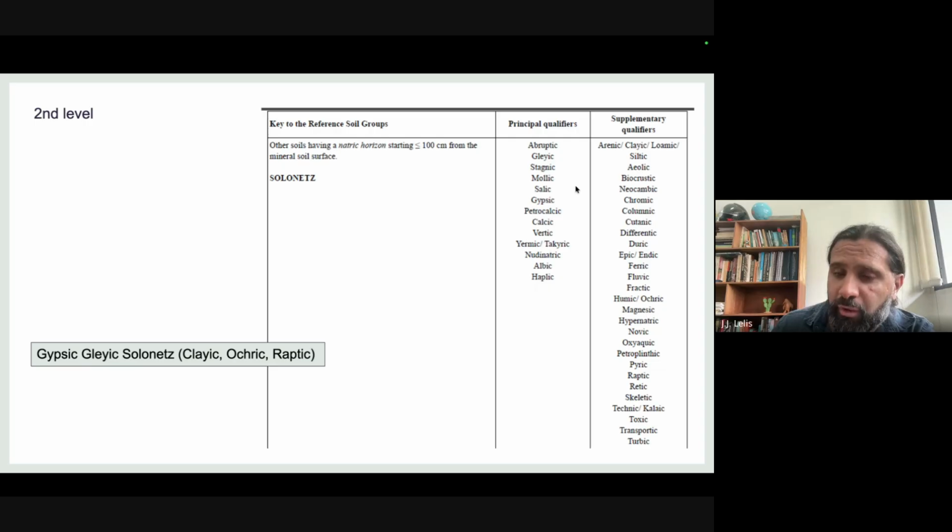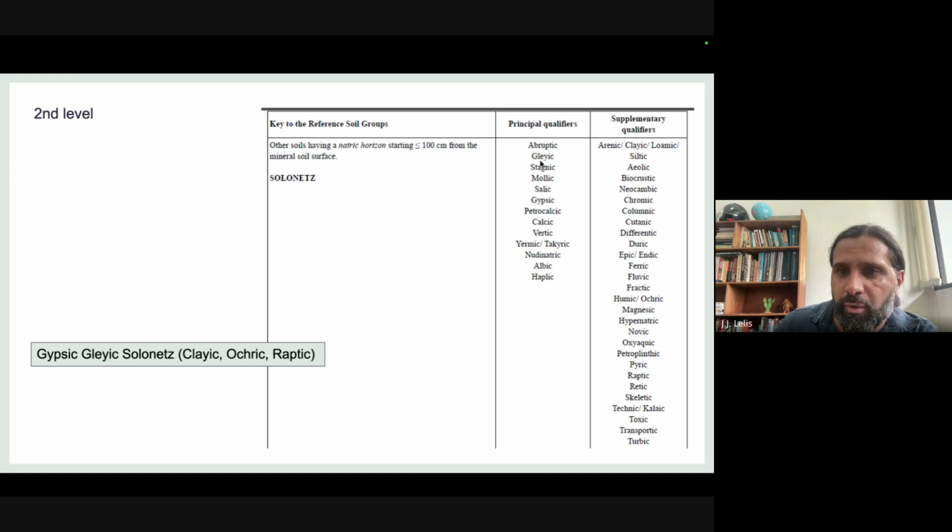And something that's also important, another rule, is that the more you have this qualifier as one of the main qualifiers, or in the beginning of the list, you must add this qualifier closer to the RSG. So for example, let's say I describe a soil that's a solonetz, and then I start to add the qualifiers. I check the abruptic, and this specific soil profile does not fit the qualifier abruptic.